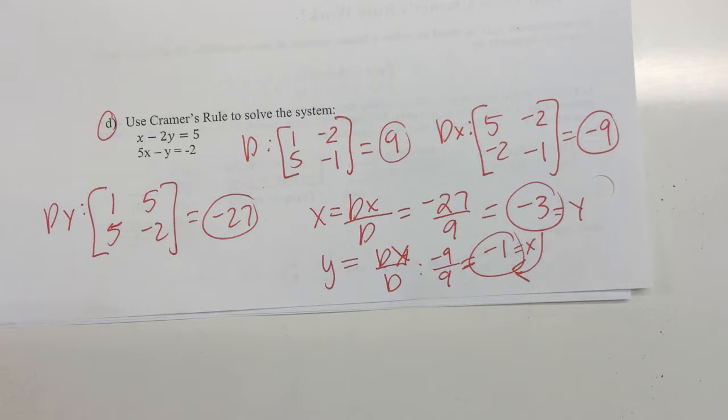Try that one. There we go. So Dx, you replace your X values with, so it should be 2 and 1. And then keep your Y values the same.